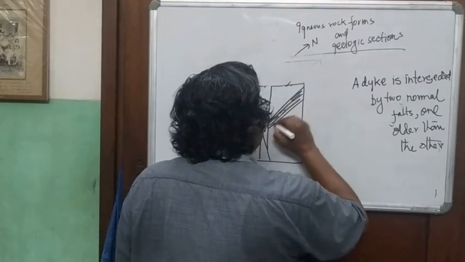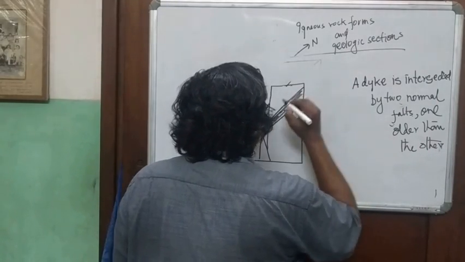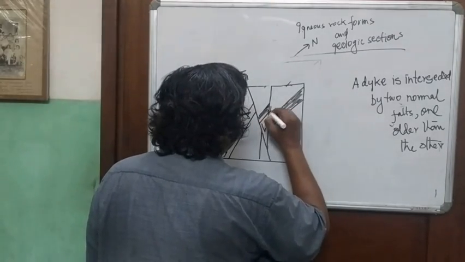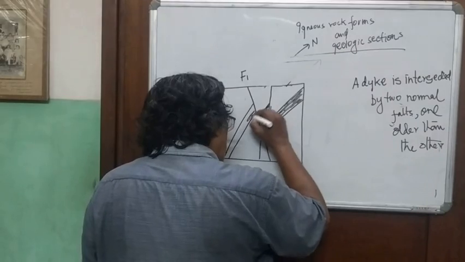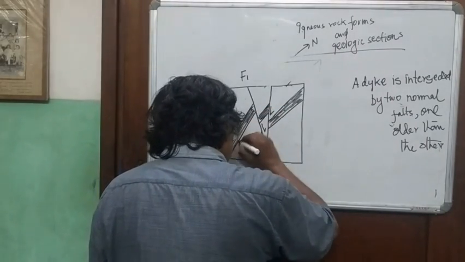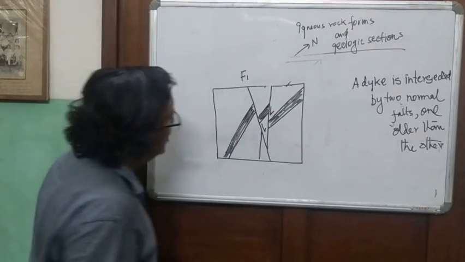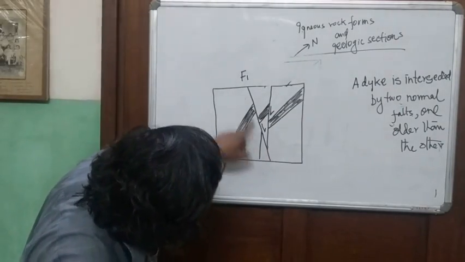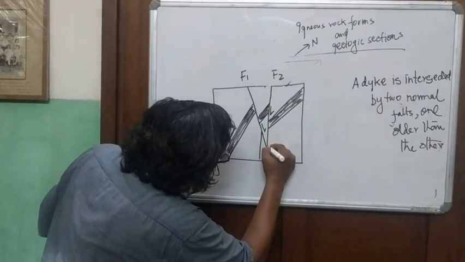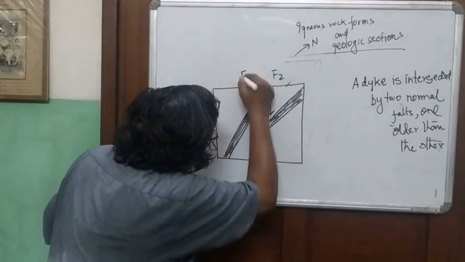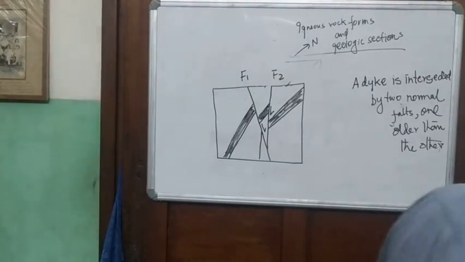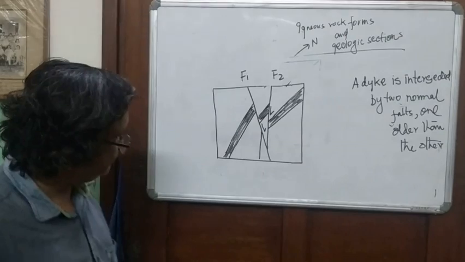This is the dike. It has been faulted normal. This has also been faulted normal. Both are normal faults. But you see what I have done? This is fault F2. The F2 is faulted by F1. Have a look. The F2 is faulted by F1.